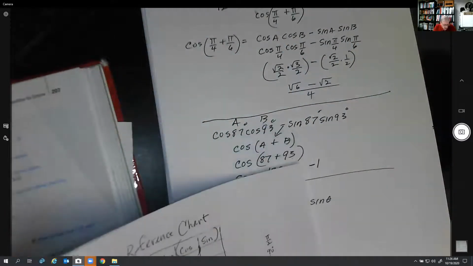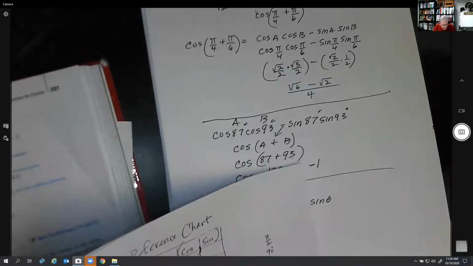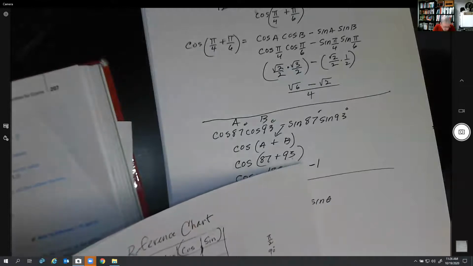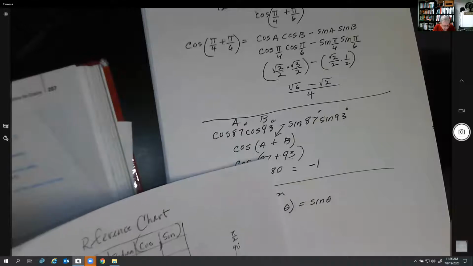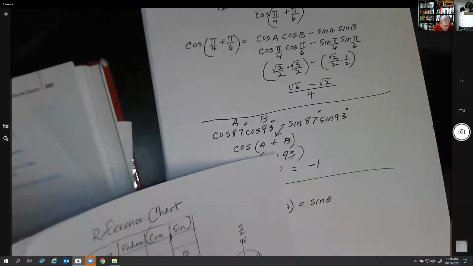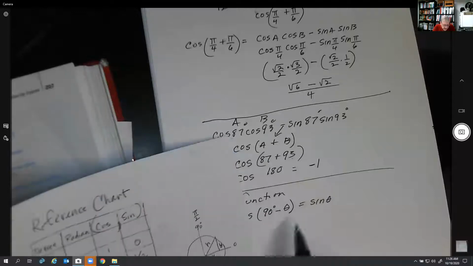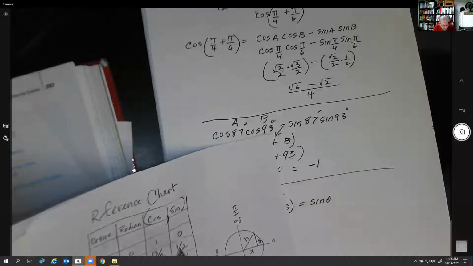Let's take a look and see. Cosine 30, radical 3 over 2, sine of 60... wait a minute, cosine of 60, 90 minus 30. Cosine of 60 is 1/2. The sine of 30 is 1/2.